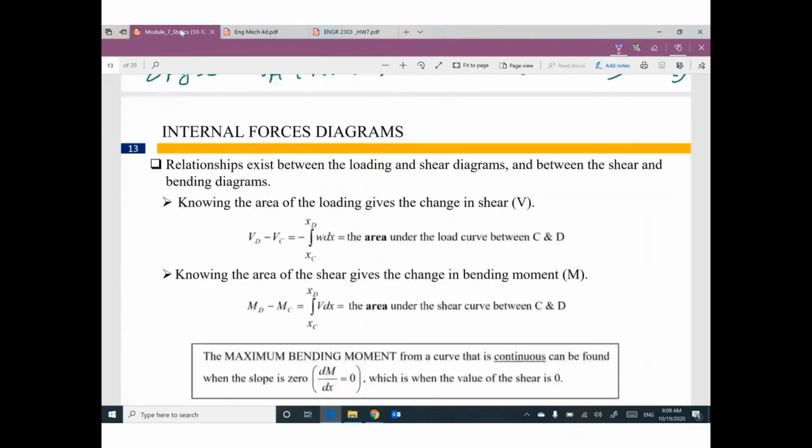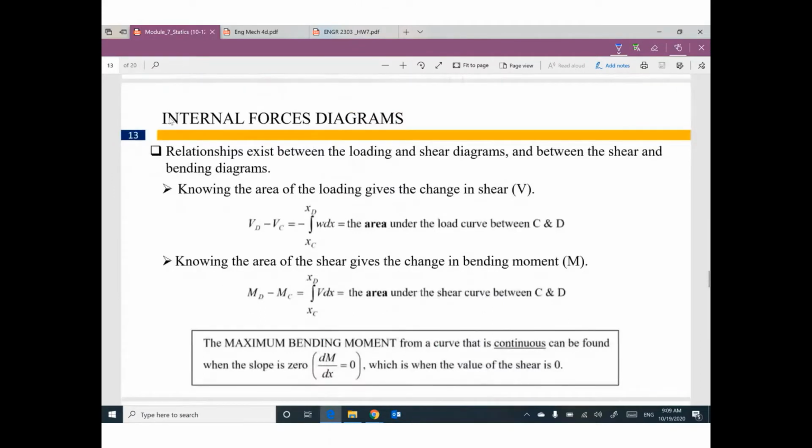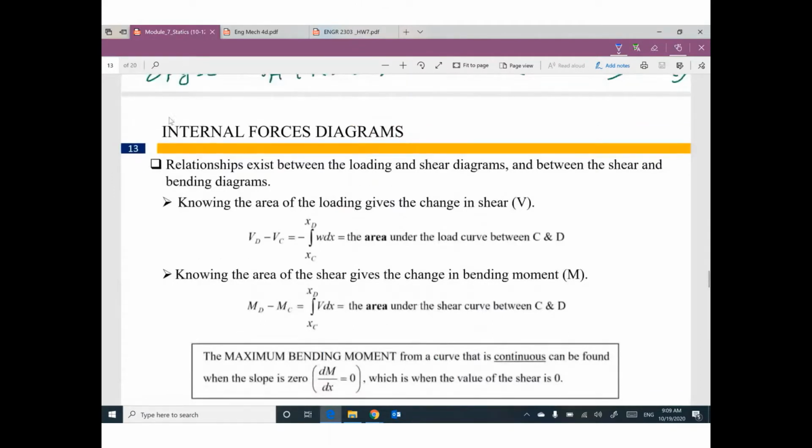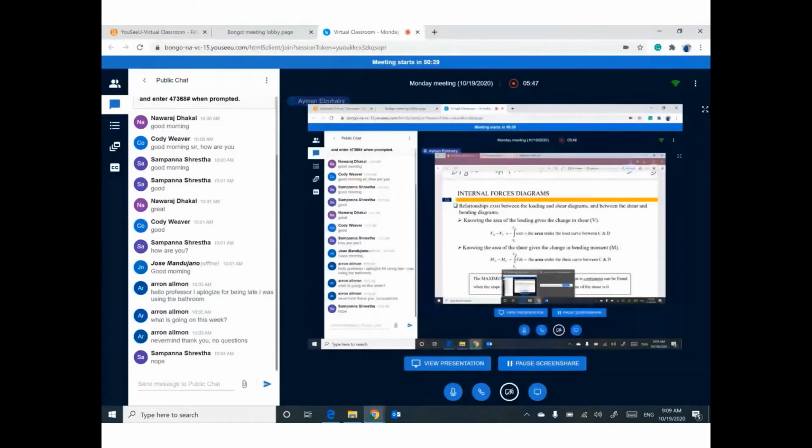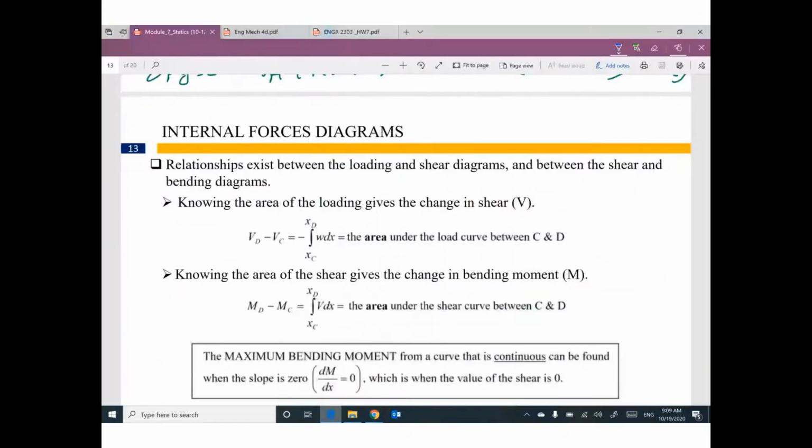Let's start. We learned that for internal forces, we have three kinds of internal forces. Normal force. This one will be piece of cake. Very easy. Second one, shear force.